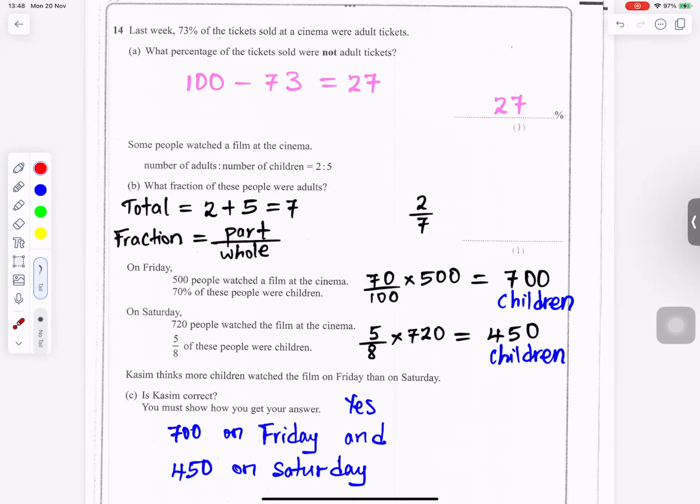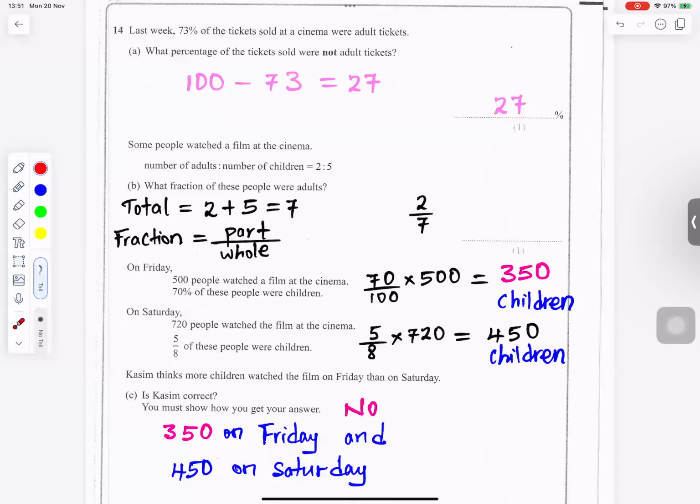On Friday, 500 people watched a film at the cinema. 70% of these people were children. So you want 70% of 500, 70 over 100 times 500. The 2 zeros will cancel, so you want 70 times 5, which gives you 350. 5 over 8 of 720 gives you 450.